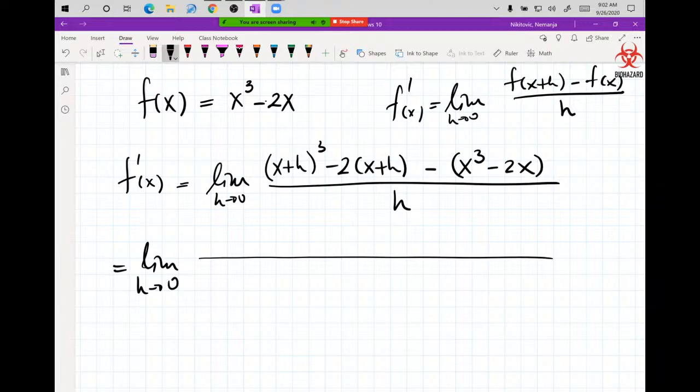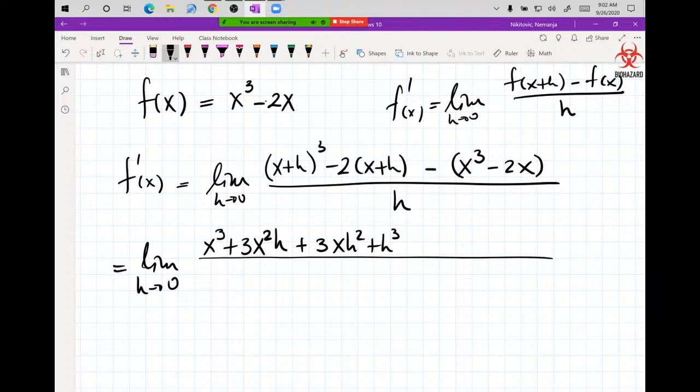If you know the Algebra 1 formula, you can just put it down, and if you don't, then FOIL it on the side. It's going to be x cubed plus 3x squared h plus 3xh squared plus h cubed.